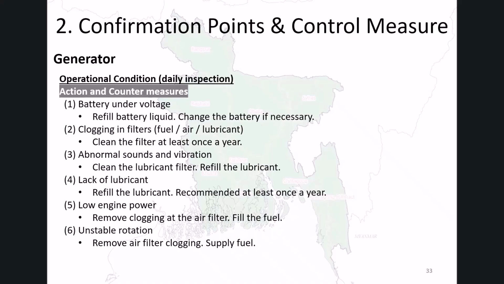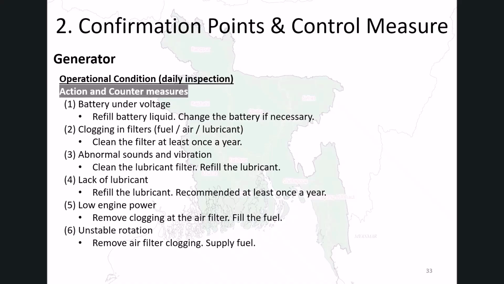If engine power becomes lower than normal, first check and remove any clogging in the air filter and confirm that sufficient fuel is supplied. Insufficient air intake or fuel supply can directly reduce combustion efficiency and generator output. Sixth, unstable rotation. If unstable rotation occurs, inspect the air filter for clogging and confirm proper fuel supply.